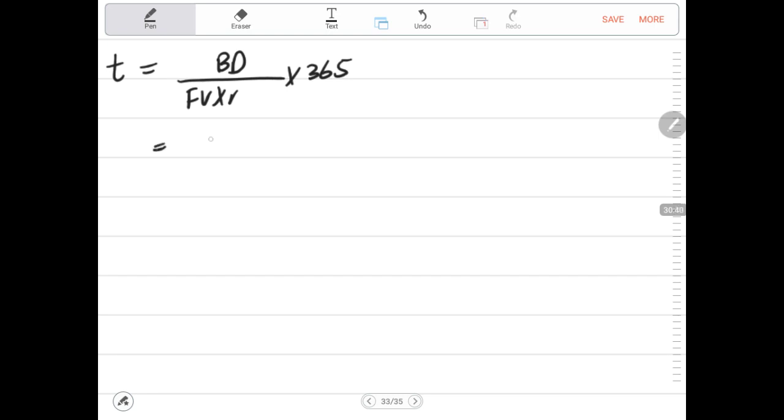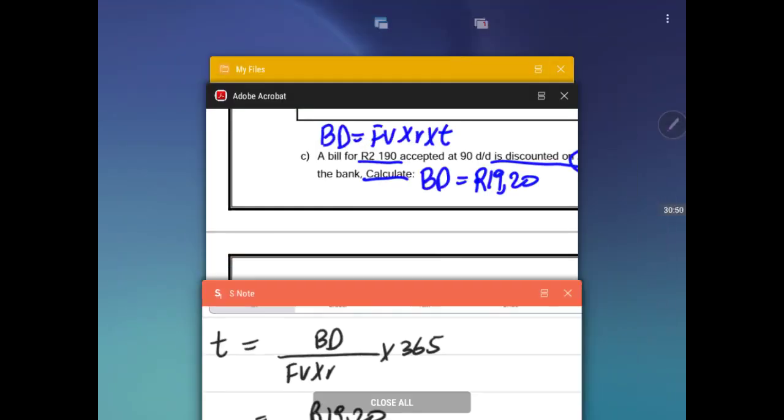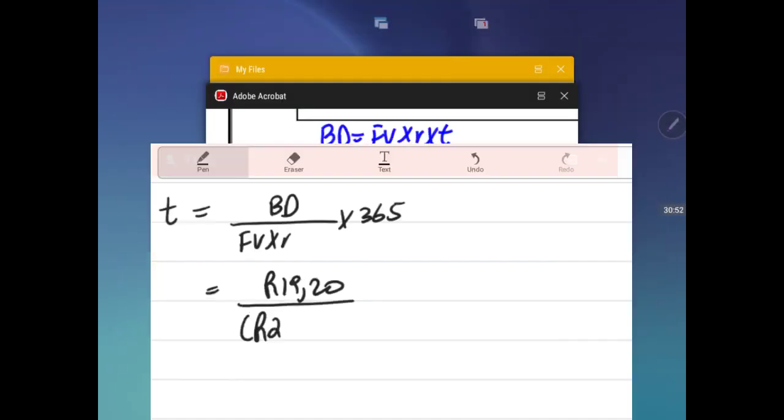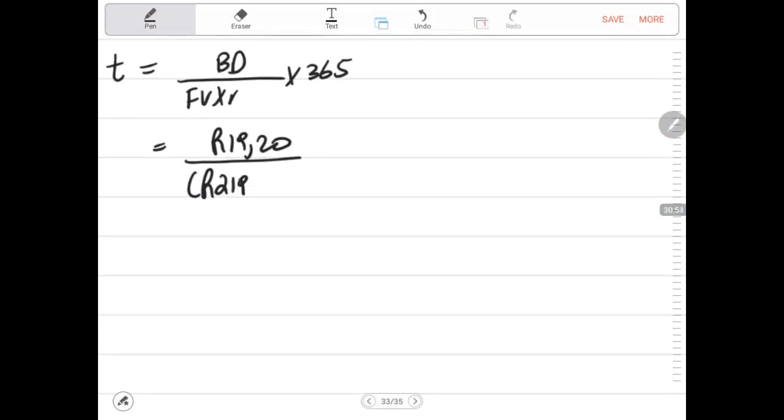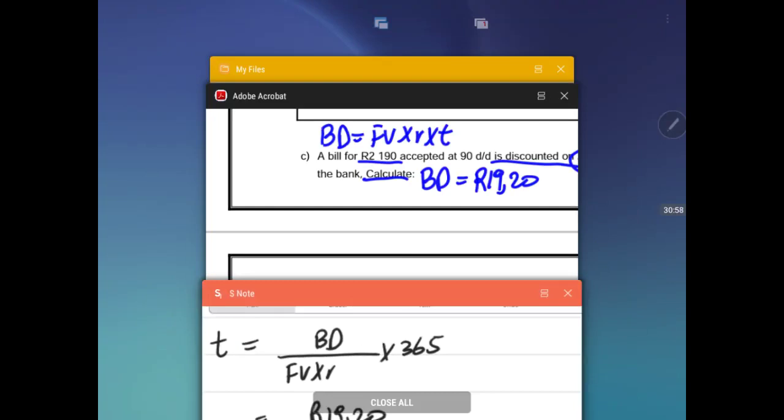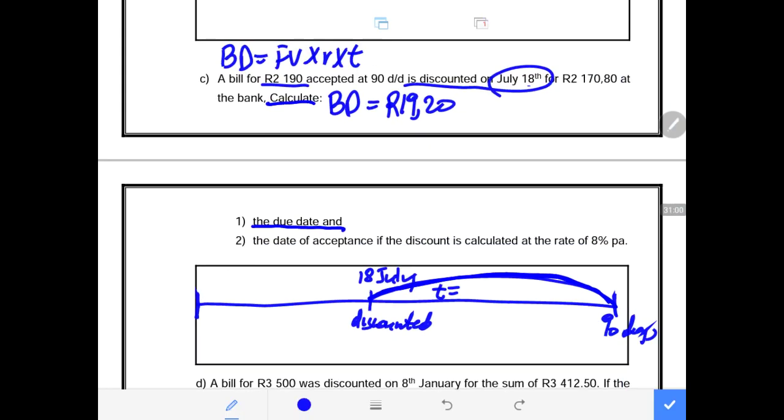Now, our banker's discount is 19.20. Divide this by the face value of the bill, 2190. Times this by the rate of discount. How much is the rate?